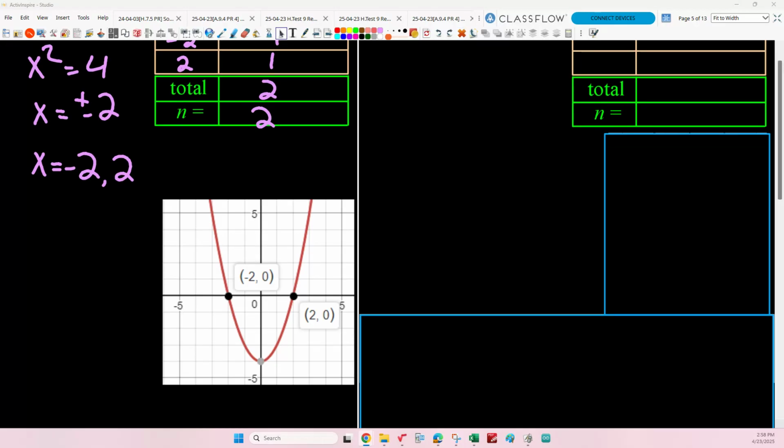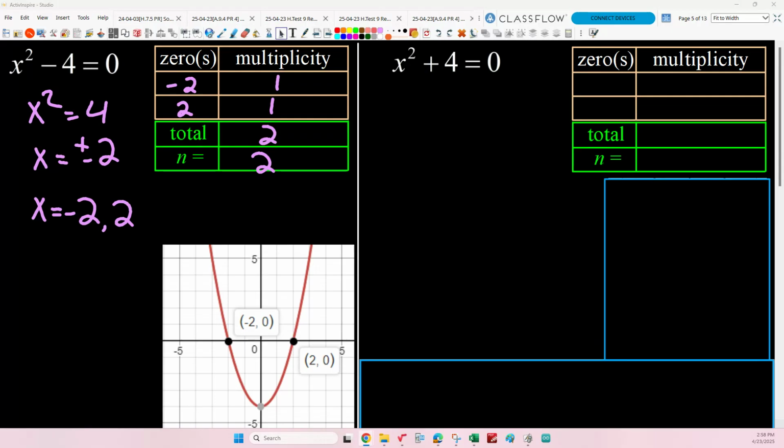Okay. If we look at this one, what would we do? -4. So we get x squared is equal to -4. What's my next step? What do I get? Plus or minus 2i. So what are my zeros? Okay. What multiplicity does 2i have? 1. What about -2i? 1.